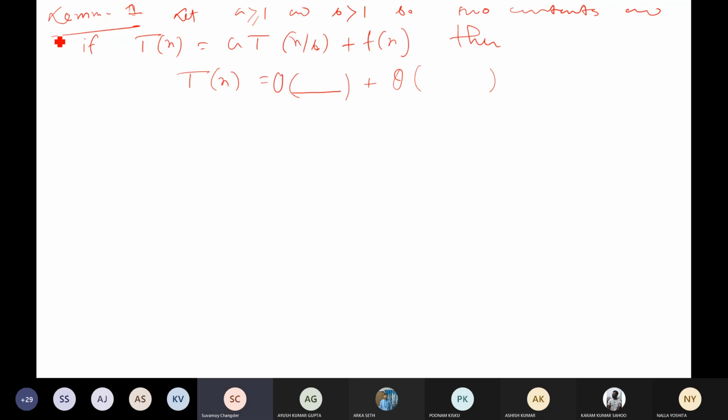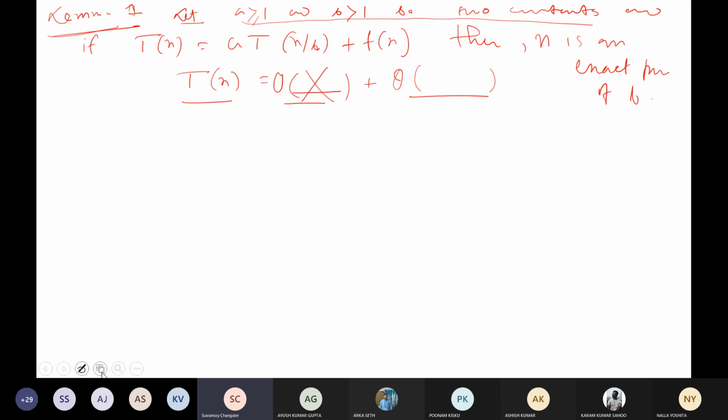So lemma one says that if this is given, here I should write n is an exact power of b, then T(n) can be bounded as two terms like this. Here it may not be big O of this, and later I will find what the actual term should be.